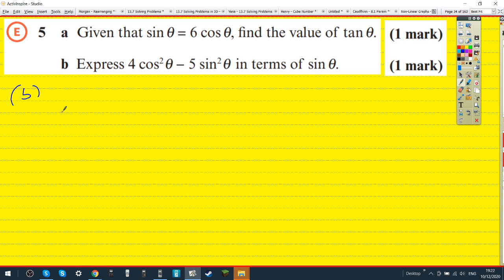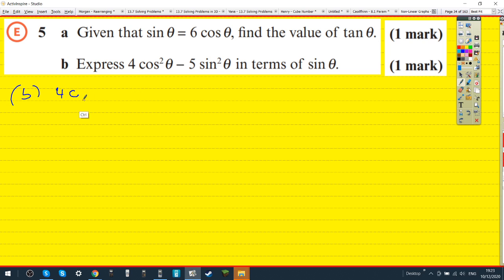So do we need to change 4 cos squared theta into a sine? Yep. So it'll be 4 open brackets 1 minus cos squared theta close brackets, and then minus 5 sine squared theta.